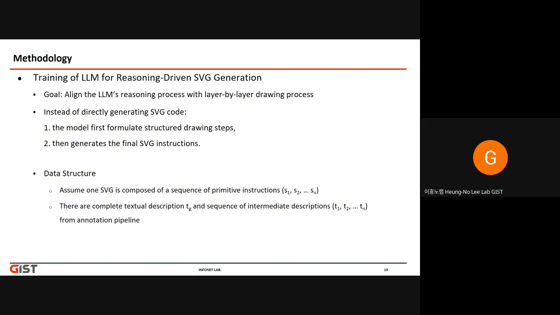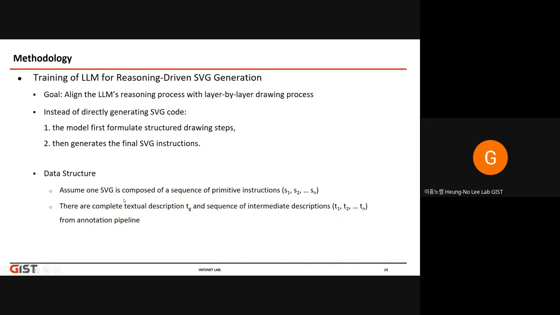And how did they train the model for the generation? The goal of the training is aligning the LLM's reasoning process with the layer-by-layer drawing process. So instead of directly generating code, they make the model first formulate the structure of the drawing steps, then generate the final instruction code.